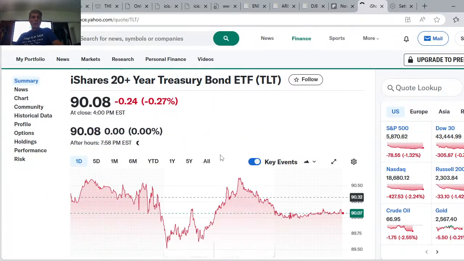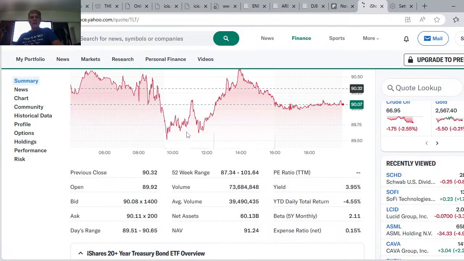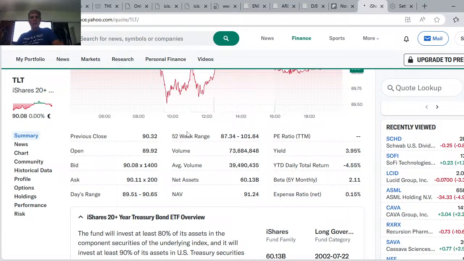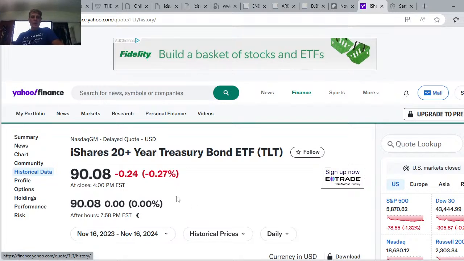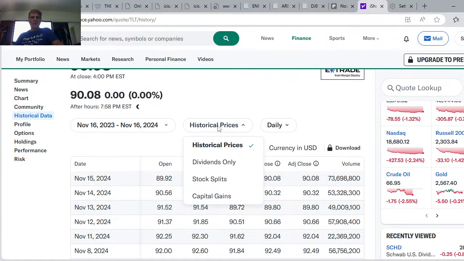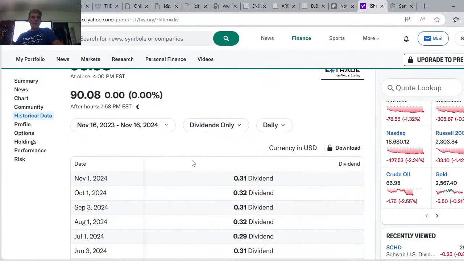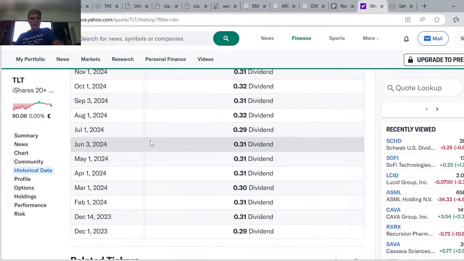Oh, iShares 20-year Treasury bond, $90. It's paying 3.95%. Well, other than the fact that that's horrible, TLT's a no. Yeah, I know it's a no, but somebody wants to take a look at it, so let's go through the actions. Okay, so here's the dividends.